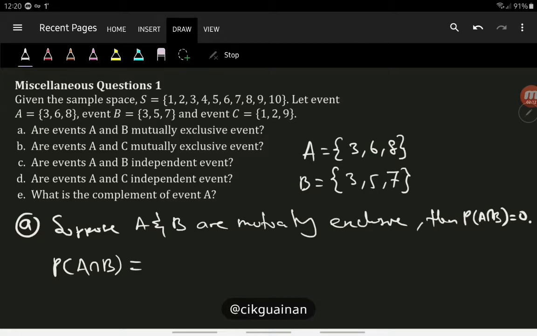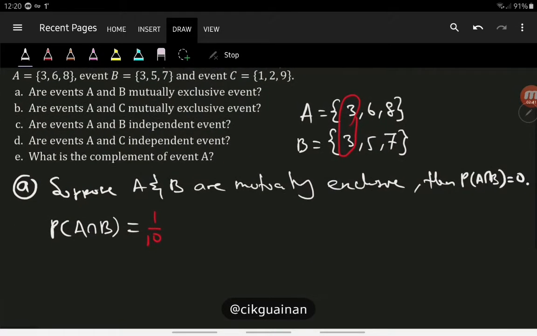How do we find it? A has 3, 6, and 8, B has 3, 5, and 7. So the intersection is the element 3. So we have 1 over how many? The element 3 out of 1, 2, 3, 4, 5, 6, 7, 8, 9, 10. The number of sample space is 10. So 1 over 10.